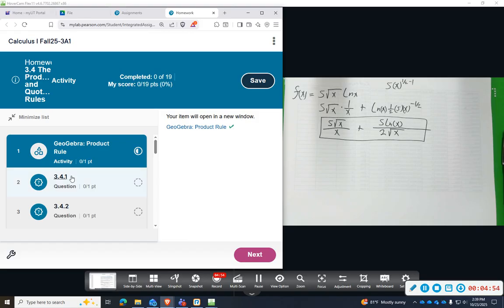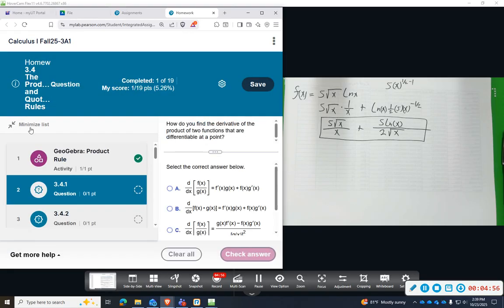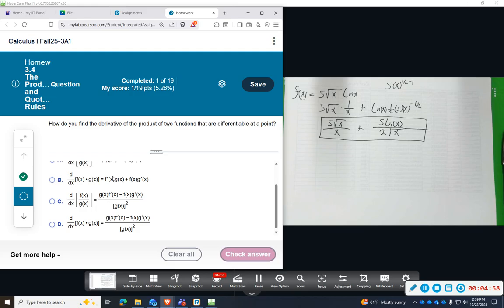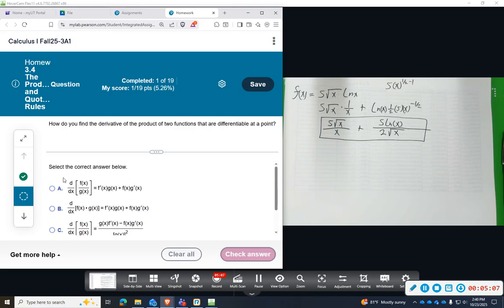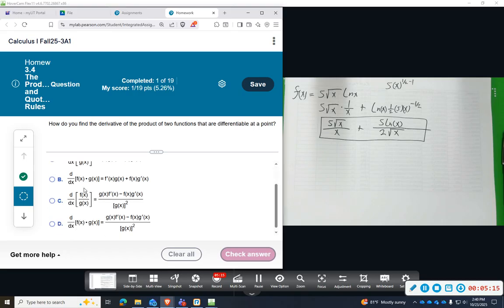Alright, so our next problem, it wants us to tell how do you find the derivative of the product of two functions that are differentiable at a point. So this is just picking out the one that has the correct formulation. Looks like A is the quotient rule, so that is not the one we want.